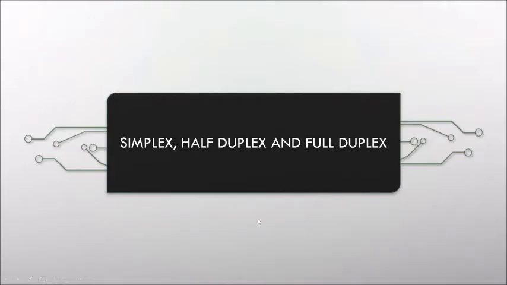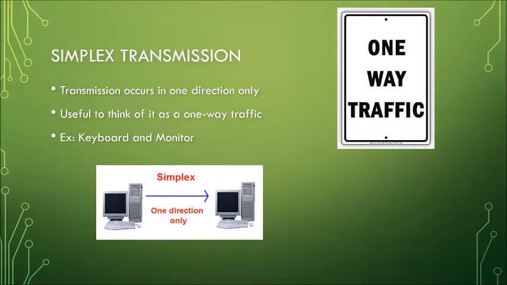Now we look at simplex, half duplex, and full duplex. Simplex transmission is a type of data transmission which occurs in one direction only. The sender can only send the data and the receiver can only receive the data, and the receiver cannot reply to the sender. It's also useful to think of it as traffic.